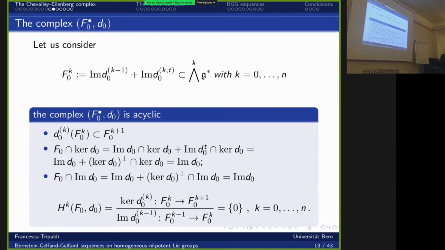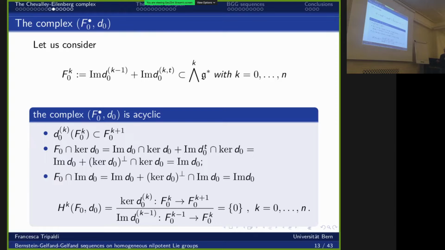You can check by the properties of d0 and d0 transpose that if you apply d0 on F0, then it's still an element in F0. So this stays inside. We know already that d0 squared is 0.